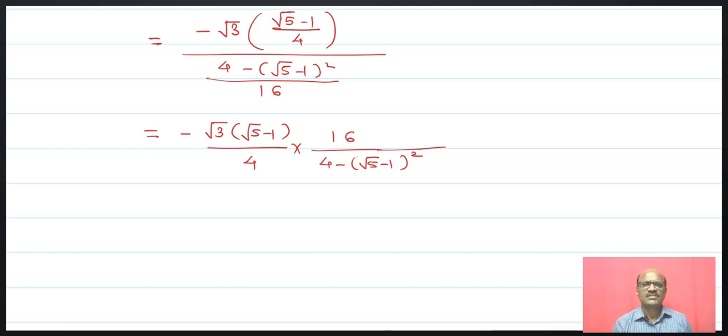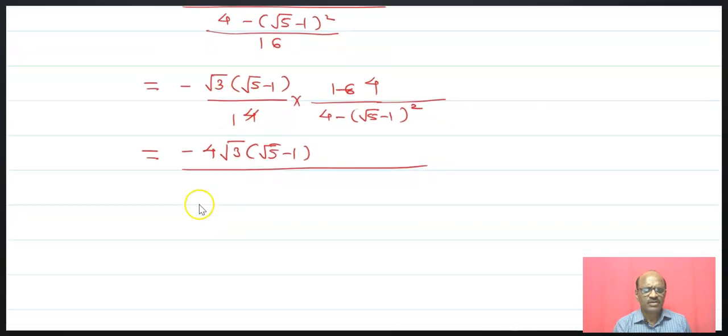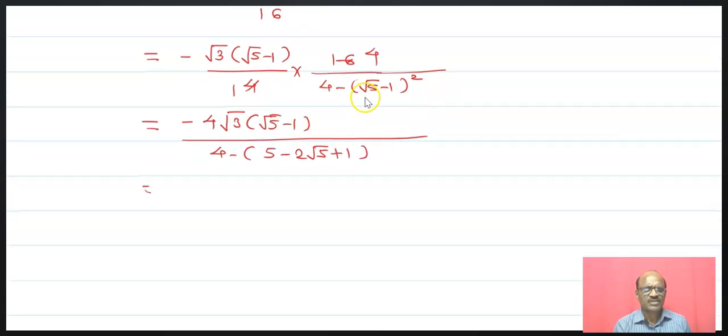Now this is the simplification. Now see this. Already the normal simplification is here. Multiplication is this: 4 minus 4 root 3 in bracket root of 5 minus 1, and 5 minus root 5 minus 1 bracket square.